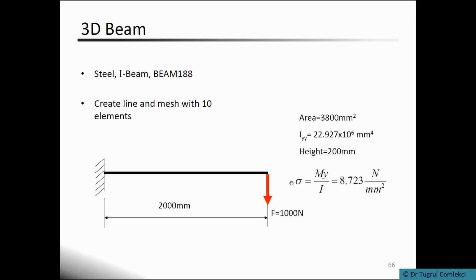If we do a validation check for this beam problem, the stress at the root of the beam, the maximum stress due to the bending, can be calculated as My upon I, and that is our engineer's beam bending formula.